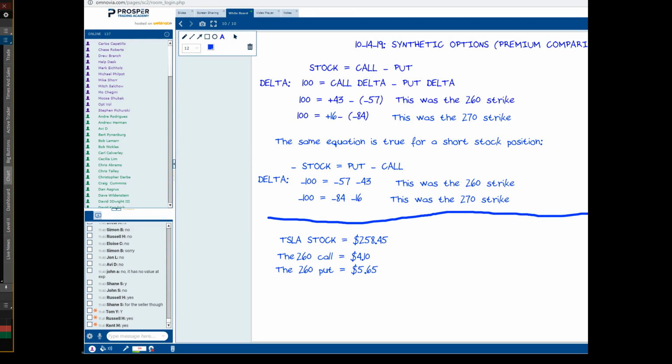Okay, so if it's worthless at expiration, that means there is no intrinsic value and that the entire price of that option right now is all premium.